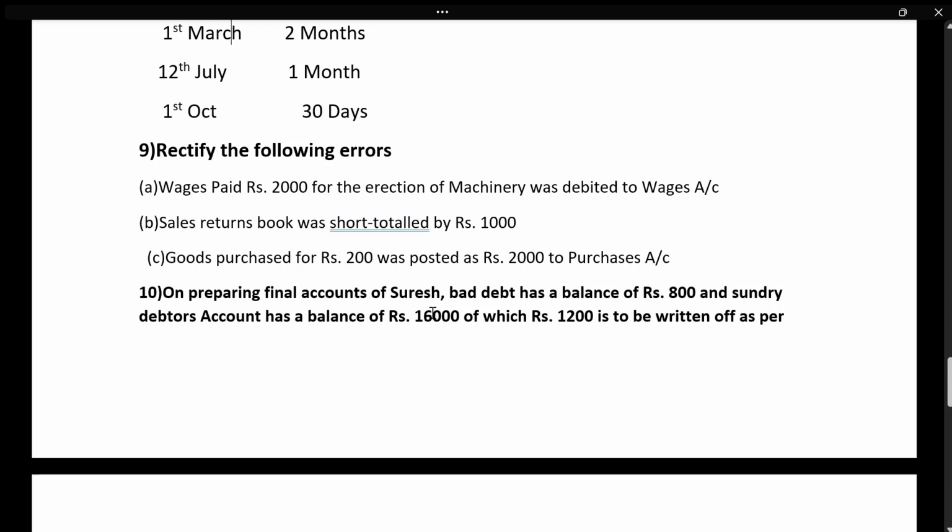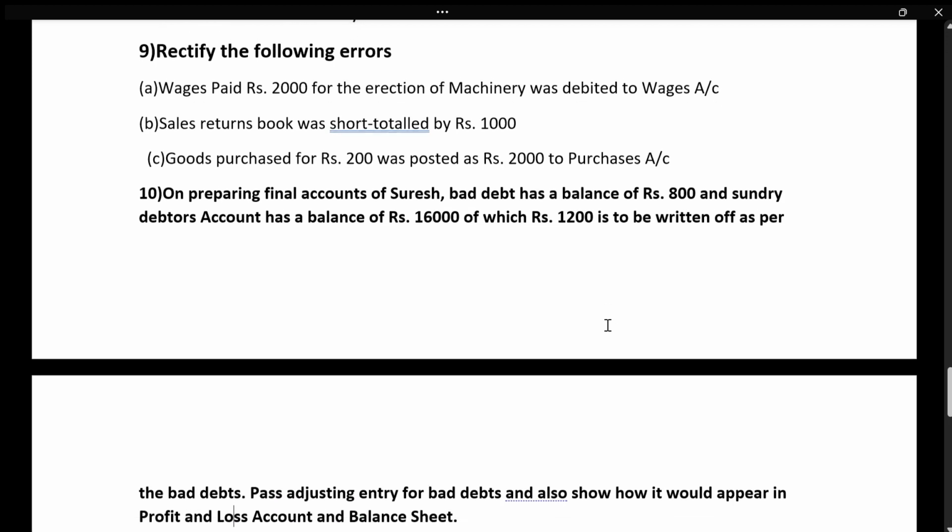And next is here, it is from the 13th lesson. Suresh account, bad debts. The book shows the bad debts balance rupees 800, sundry debtors 16,000, and during that accounting period 1200 is the further bad debts.